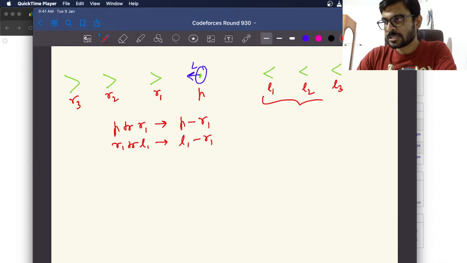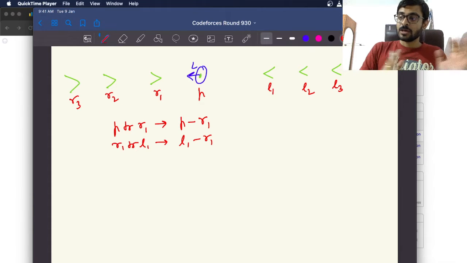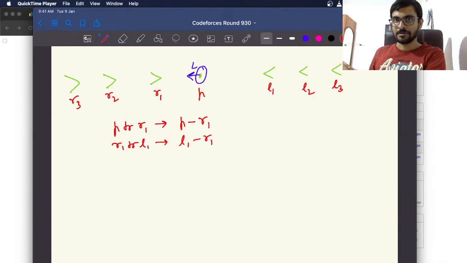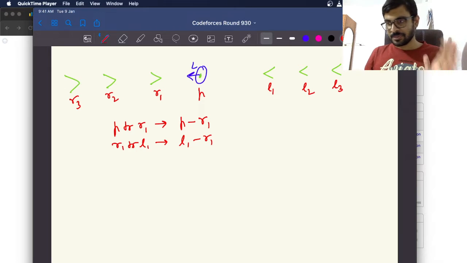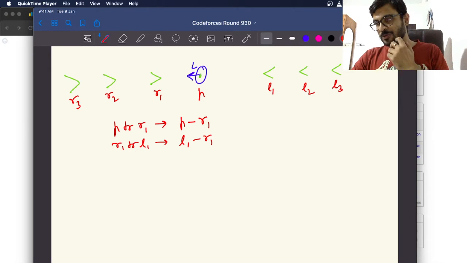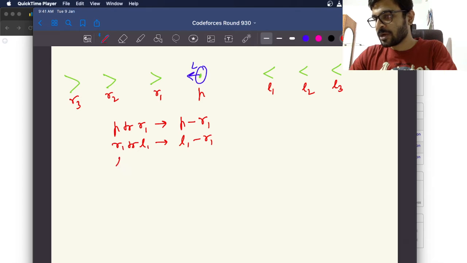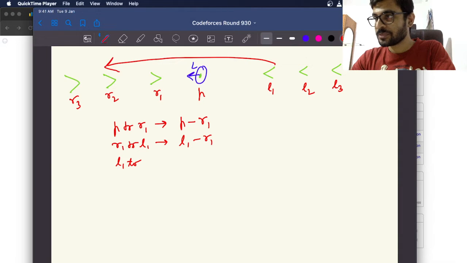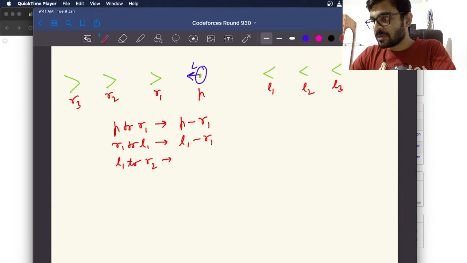I have named these as R because these are right pointed arrows before P, and those are left pointed arrows after P, and P is pointing to the left. As we discussed, R1 is no longer a blocker, it will freely pass through, so from L1 it will come to R2, so it becomes L1 minus R2. That is the distance.